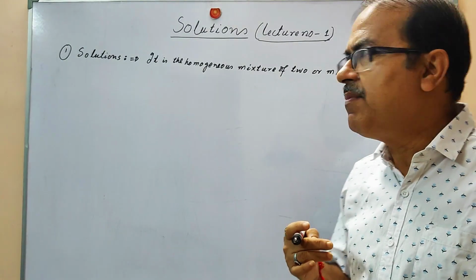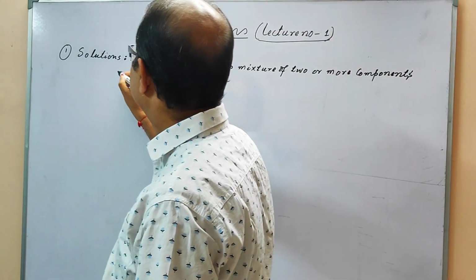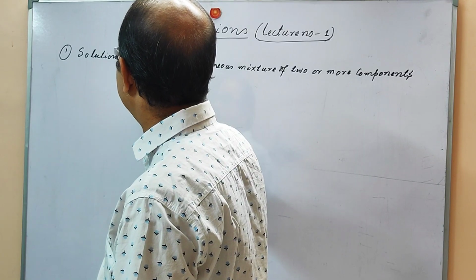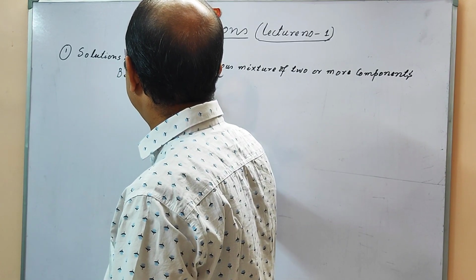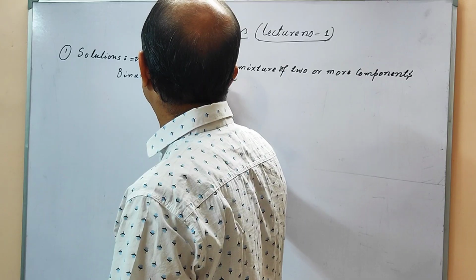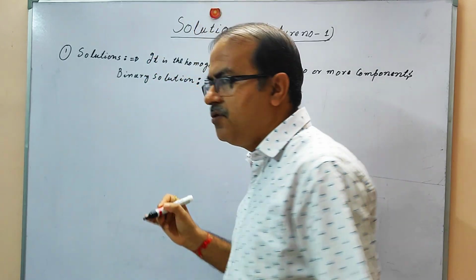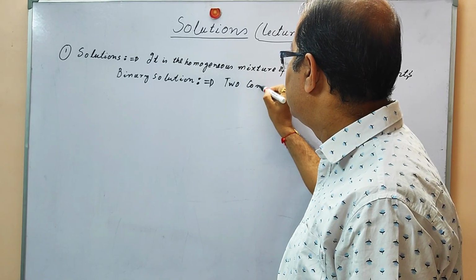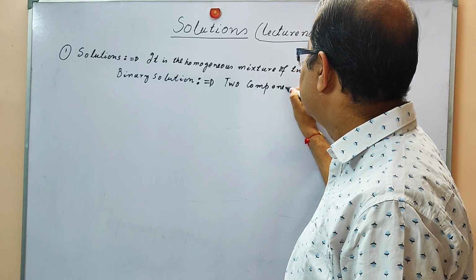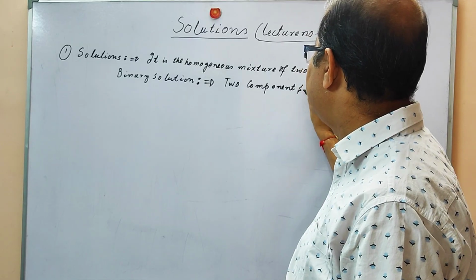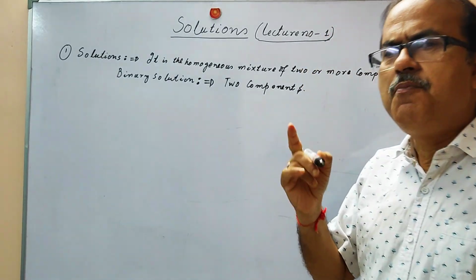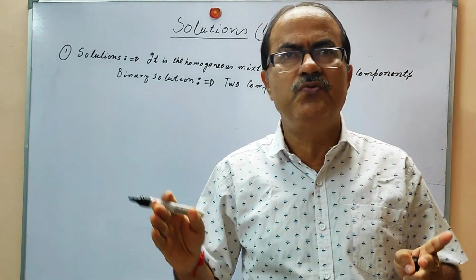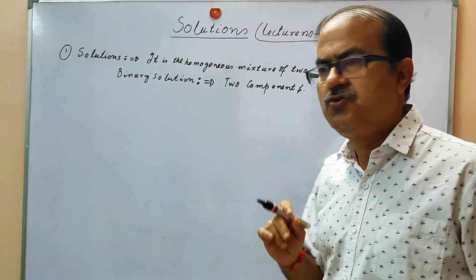And here we are talking about binary solutions. What are binary solutions? Binary solutions are solutions having two components. The component which is present in the solution in the higher amount is called the solvent.